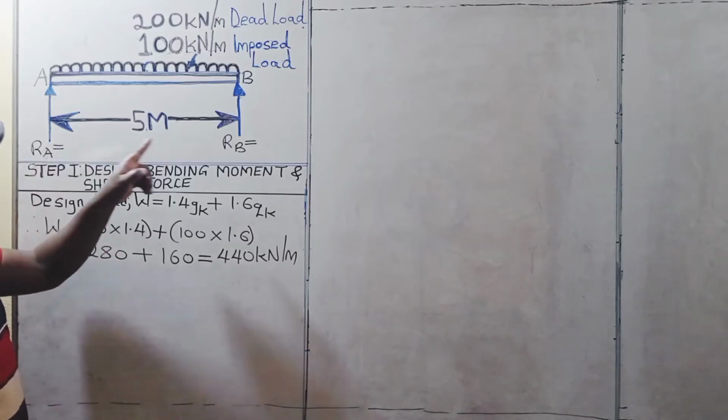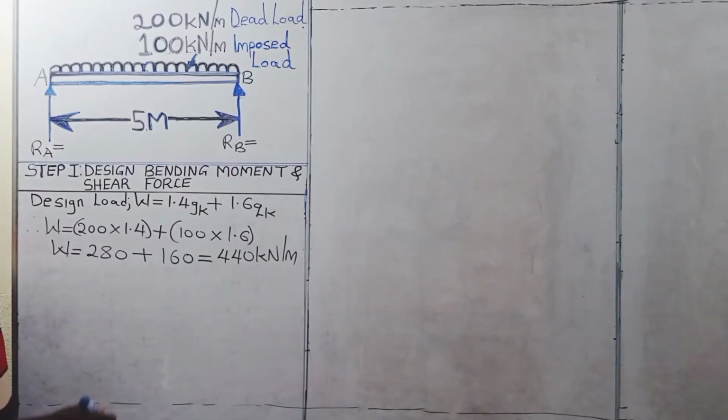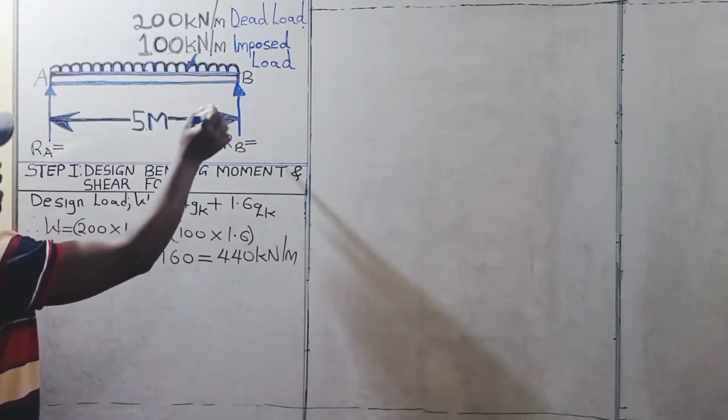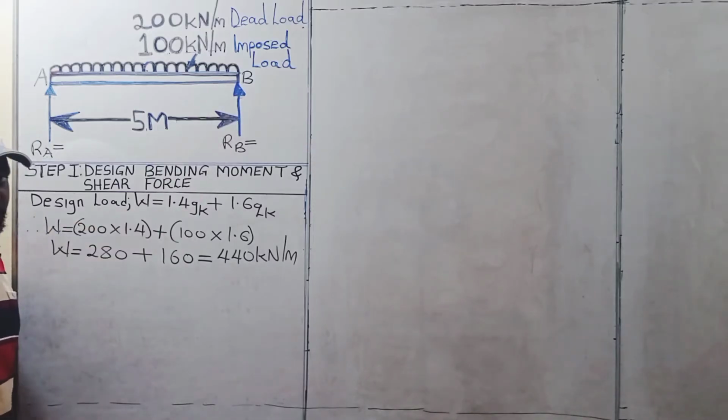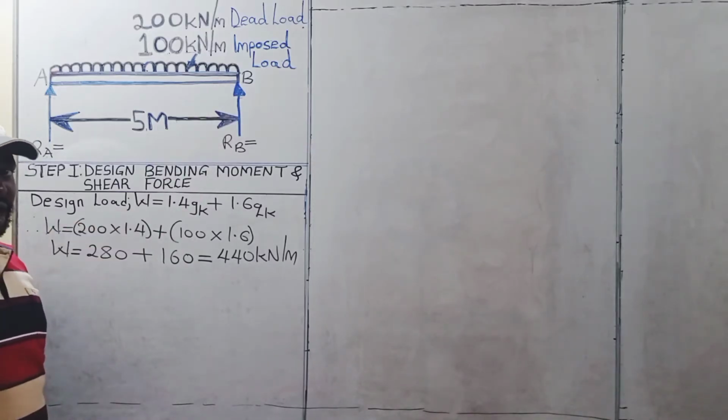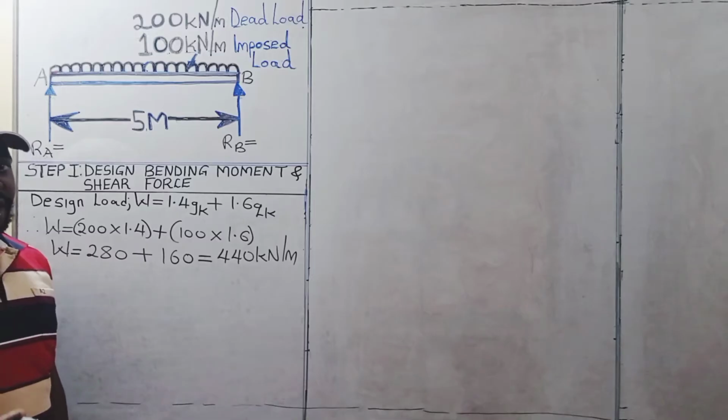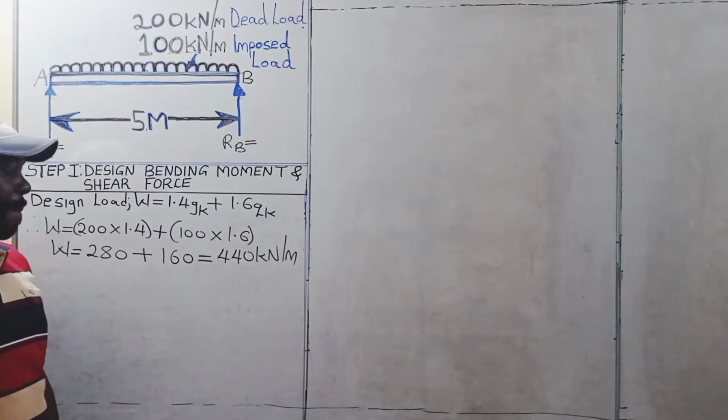This is a simply supported beam. Therefore, it means that the support A and the support B are sharing the loads equally. That is what we call symmetrically loaded beam.